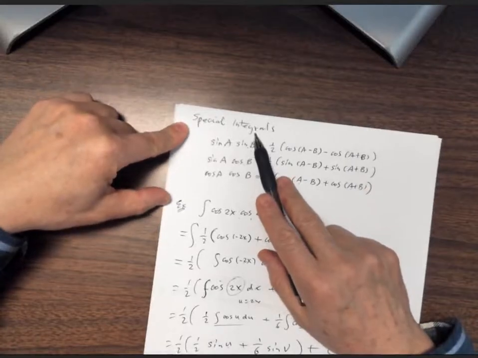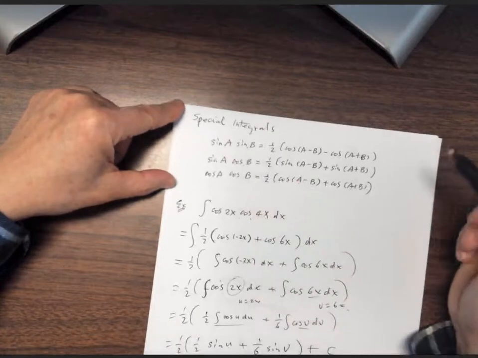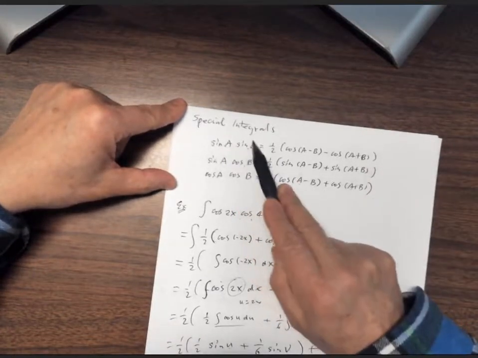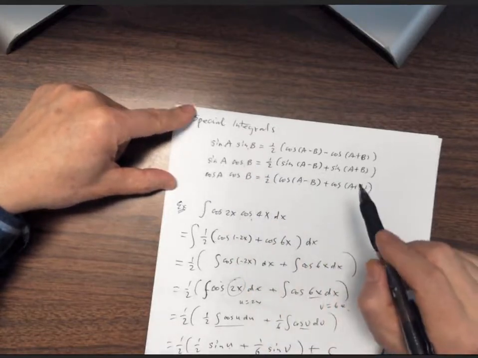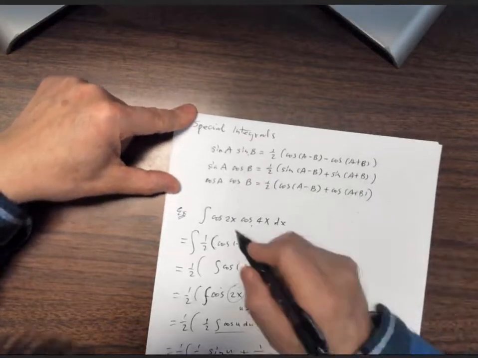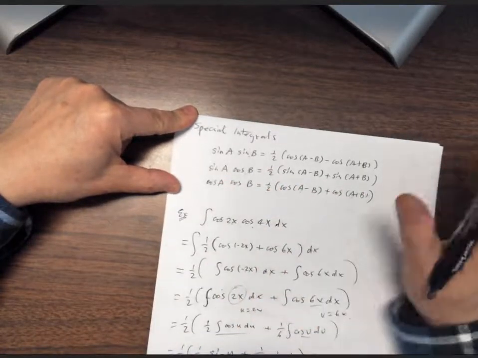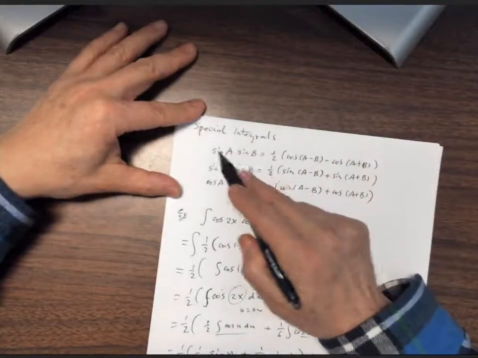Alright, so we're talking about really special products of sine and cosine only. Sine times sine, sine times cosine, cosine times cosine. Now, the a and b got to be different. They cannot be the same. If they're the same, we would have a power, we would have a square here, right?